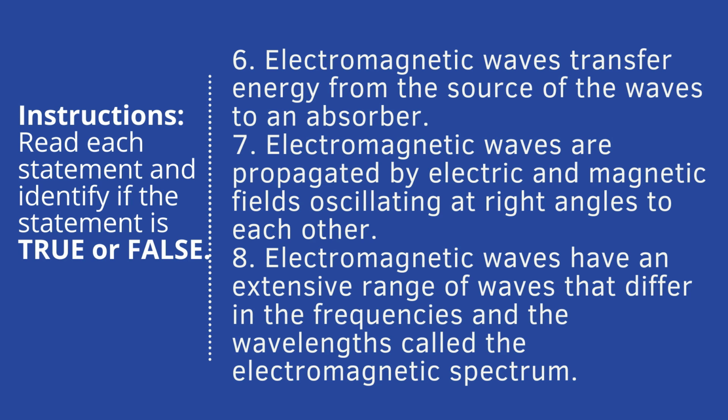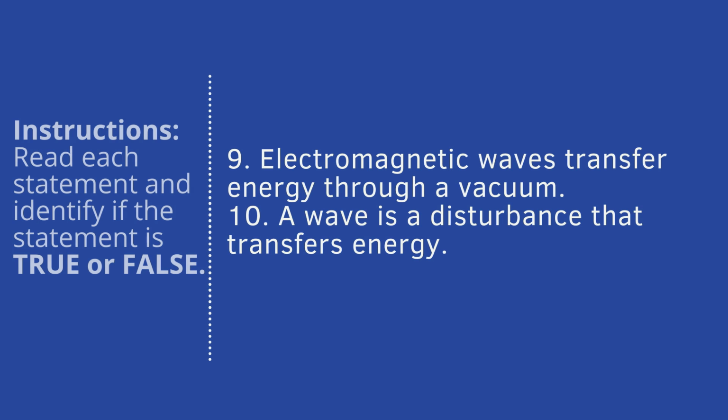Electromagnetic waves are propagated by electric and magnetic fields oscillating at right angles to each other. 8. Electromagnetic waves have an extensive range of waves that differ in the frequency and the wavelengths called the electromagnetic spectrum. 9. Electromagnetic waves transfer energy through a vacuum. And number 10, a wave is a disturbance that transfers energy.